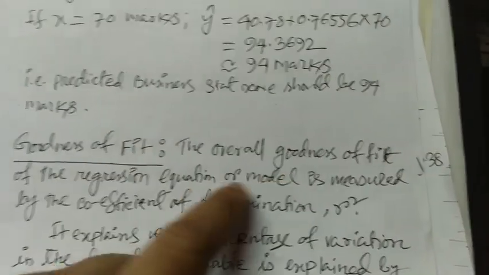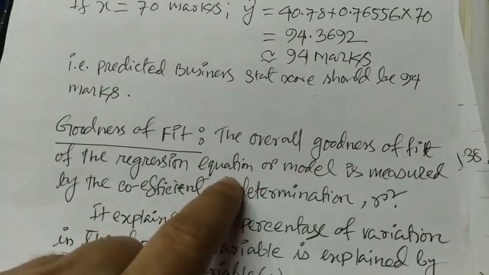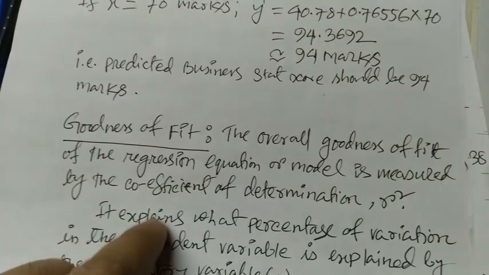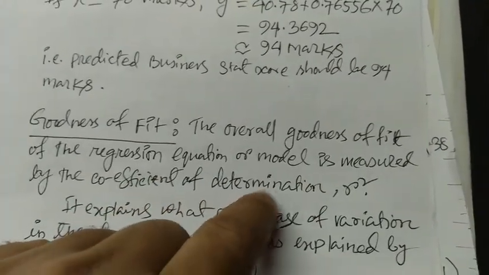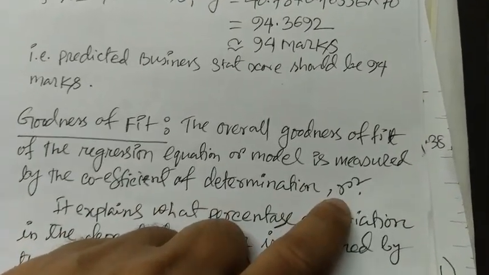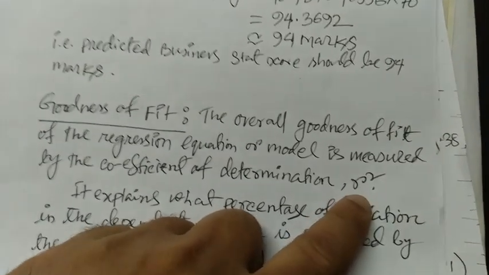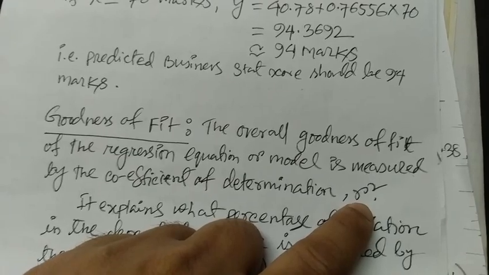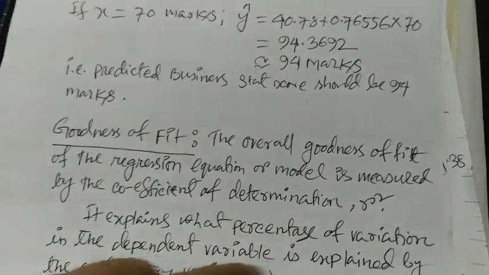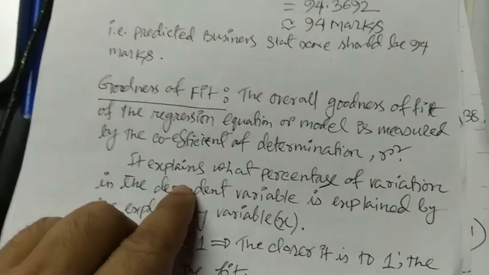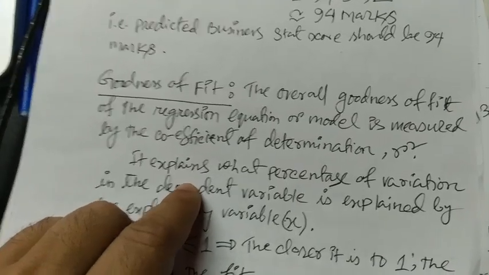The overall goodness of fit of the regression equation or model is measured by the coefficient of determination, denoted by R square. By calculating R square, we can get a preliminary idea of how good the model is.